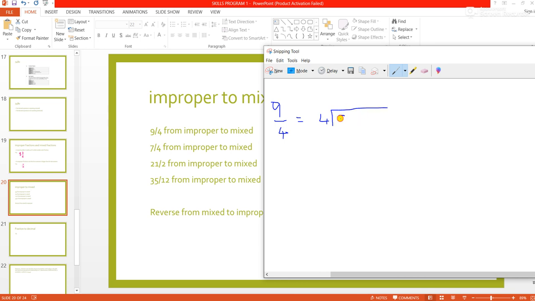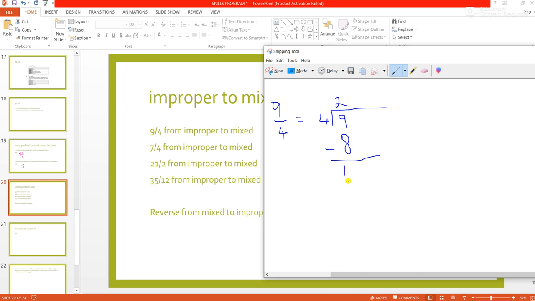We have 9. So how many times does 4 get into 9? We know that 4 gets into 9 2 times, and 4 times 2 is 8. There's a minus. 9 minus 8 will give you 1.